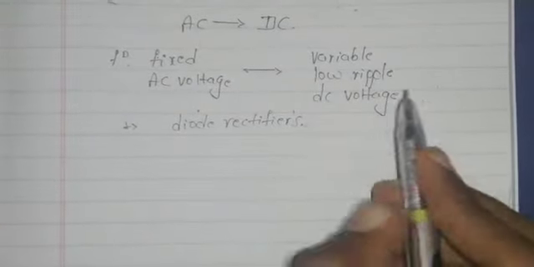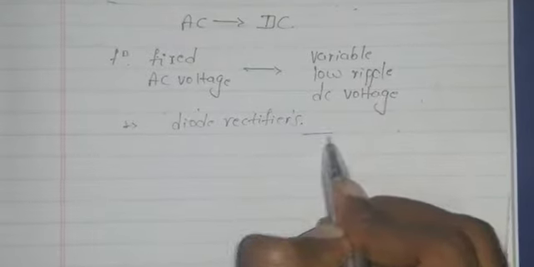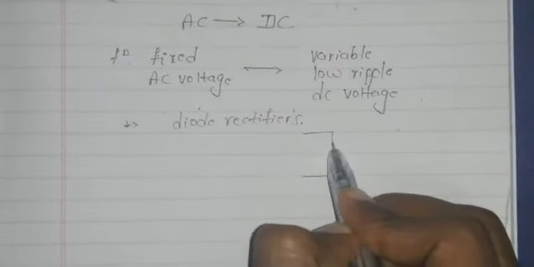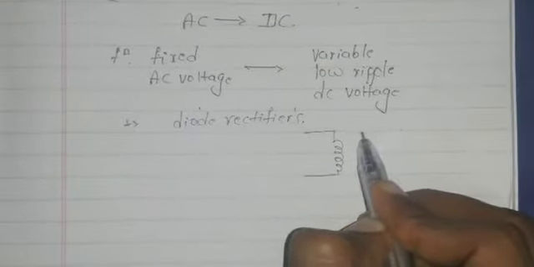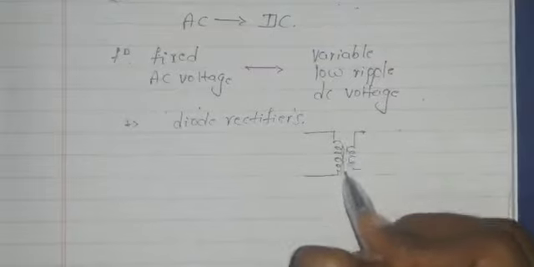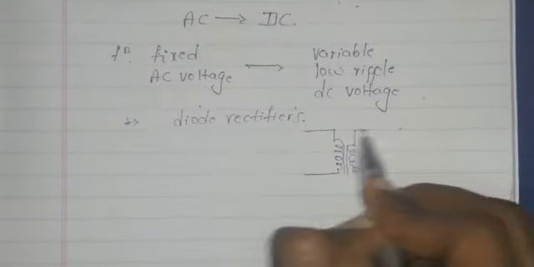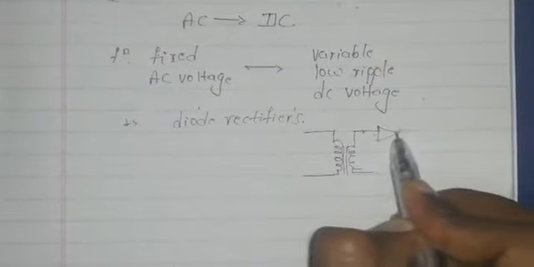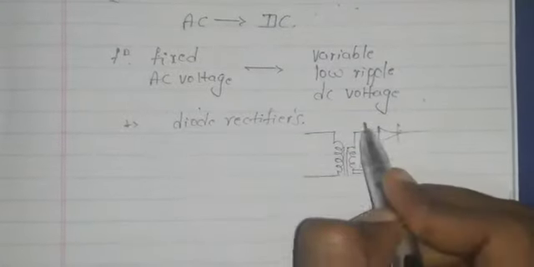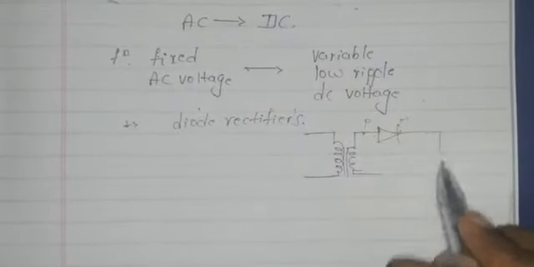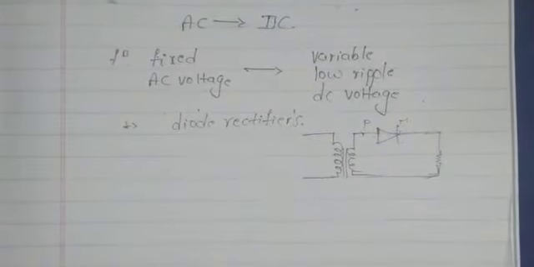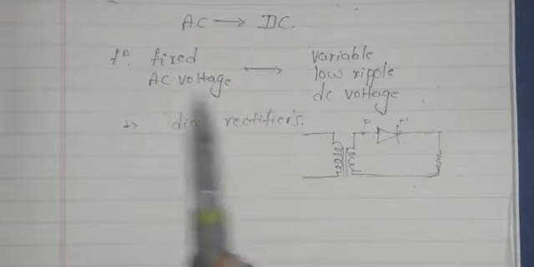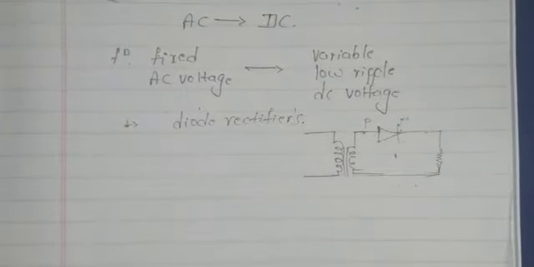Here is my AC source and a step down transformer, and then the diodes, P and N. This is a half wave rectifier. Here we give the load. In that way, full wave rectifier, bridge rectifier, all those things are used to make the phase controlled rectifiers.